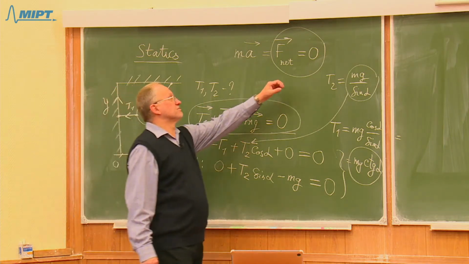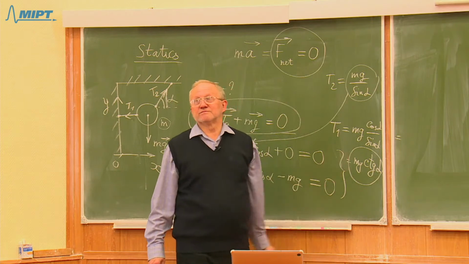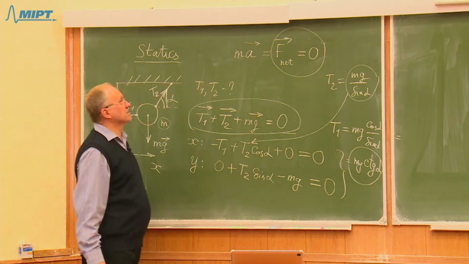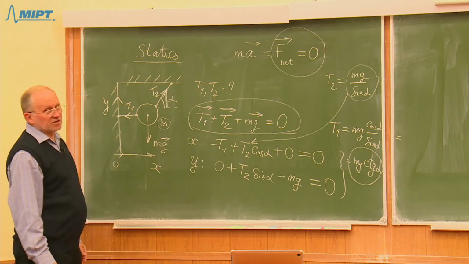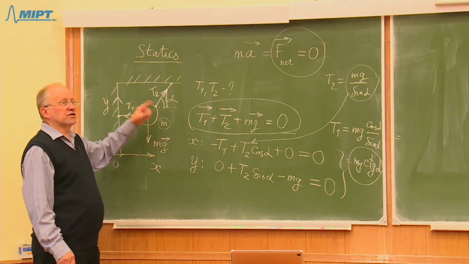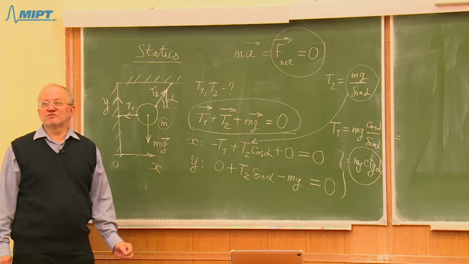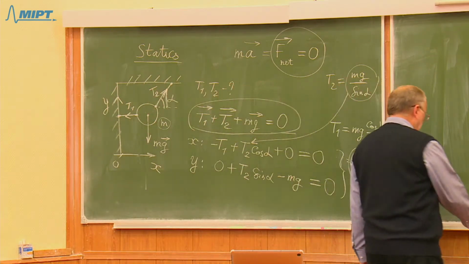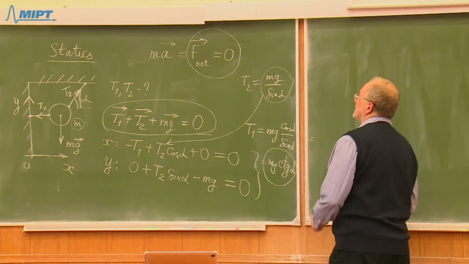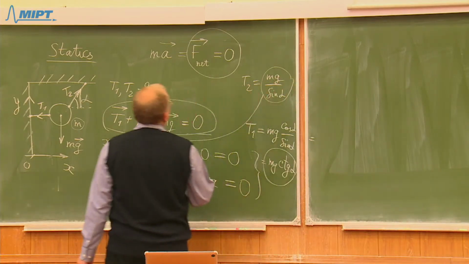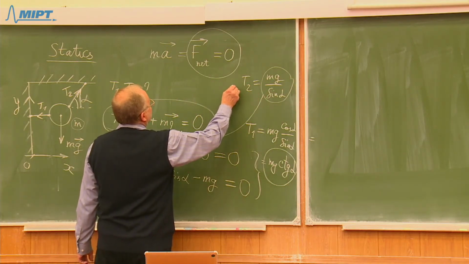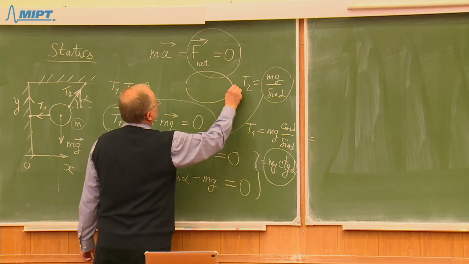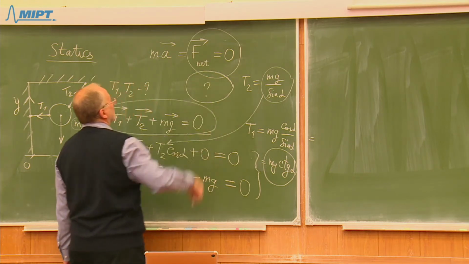It's not sufficient to ensure the static equilibrium. There is another condition which we will study later, and this second condition necessary for static equilibrium is related to rotational motion of a rigid body. We have not yet considered rotational motion. And so when we will consider rotational motion, you will learn another necessary condition for static equilibrium.